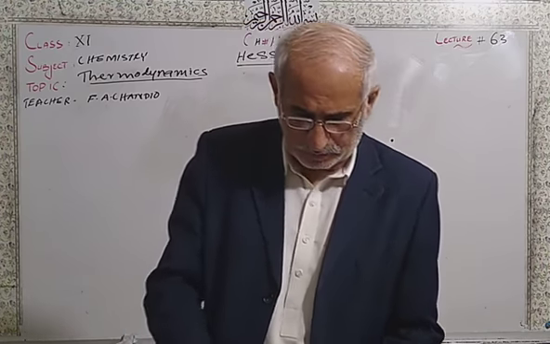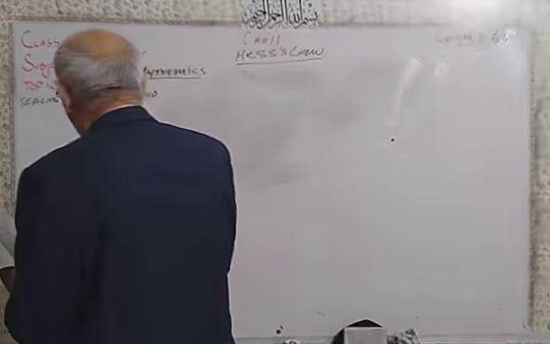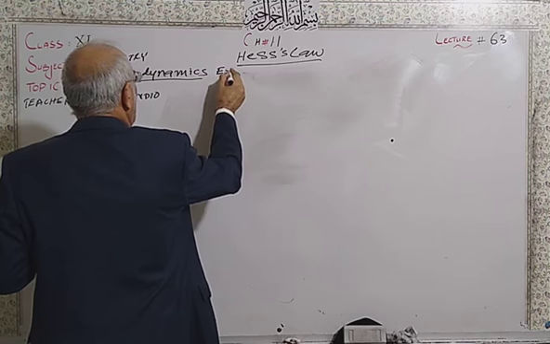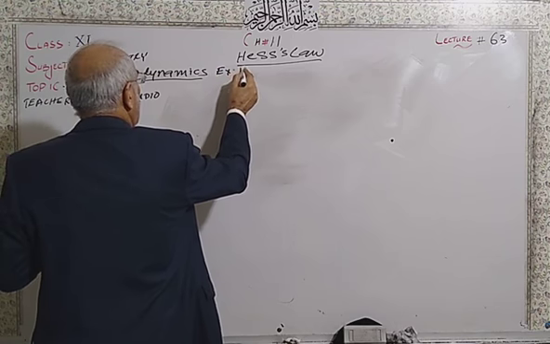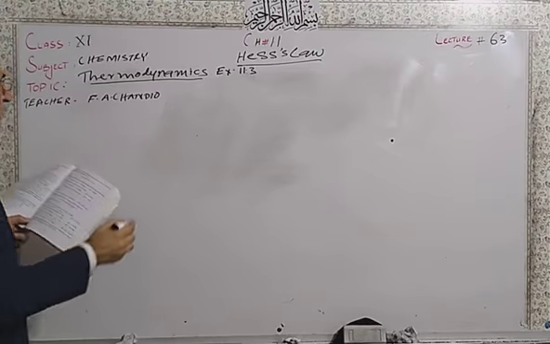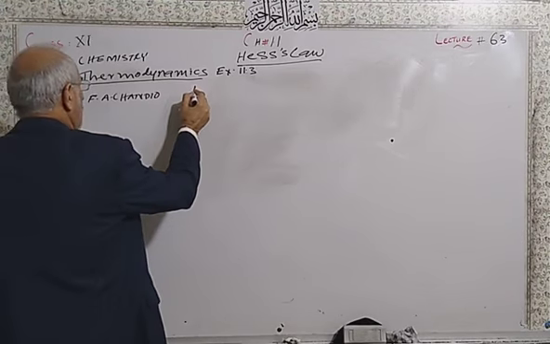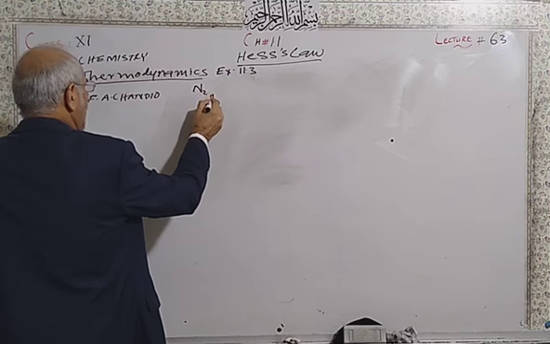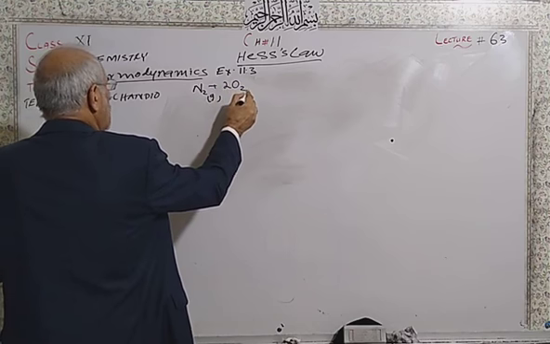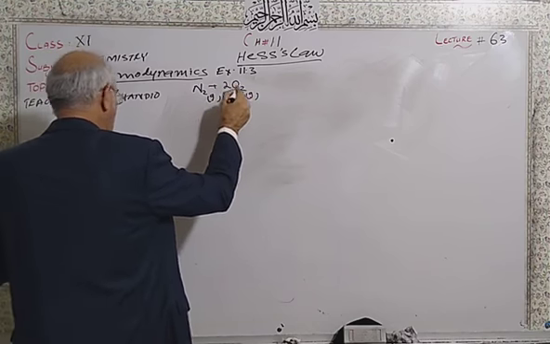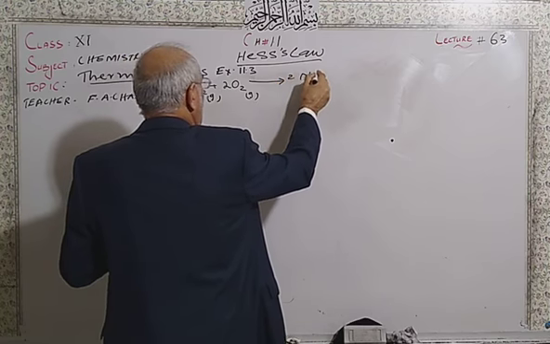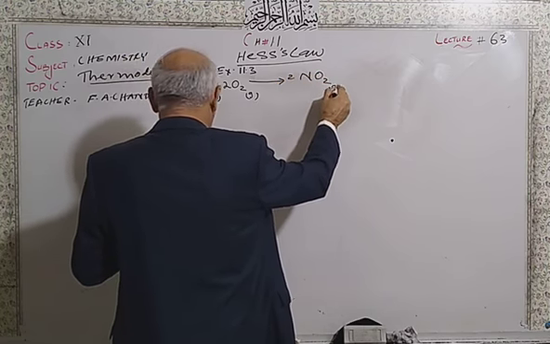Example number 1, 11.3. Oxidation of nitrogen. Nitrogen gas plus 2 moles of oxygen gas forms 2 moles of nitrogen dioxide gas.